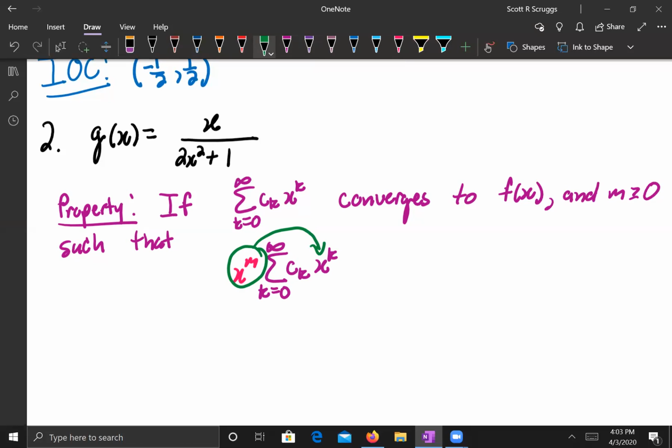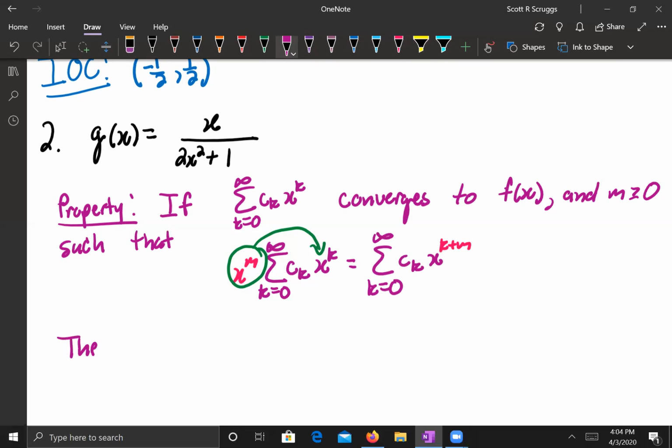And because I'm multiplying x to the k and x to the m, since they have the same base, that's going to simplify to, well, that's an ugly infinity sign, let's make that a little bit better, c of k, x raised to the k plus m.